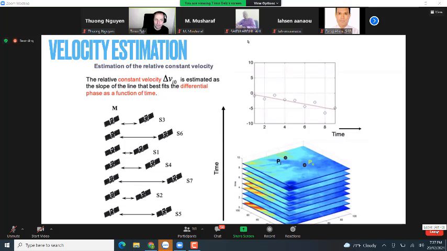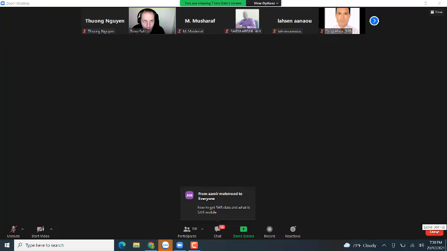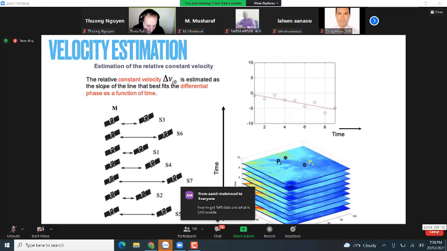Now, the motion. If we estimate a constant velocity, if we say we have a linear motion, a constant velocity over our image, then we can form a function. We know the time difference between each image, from one image to another. So we can set up a function that says for this time difference with this velocity, the overall deformation would be so many millimeters, and based on the equation that I showed you, that would correlate to a given phase.